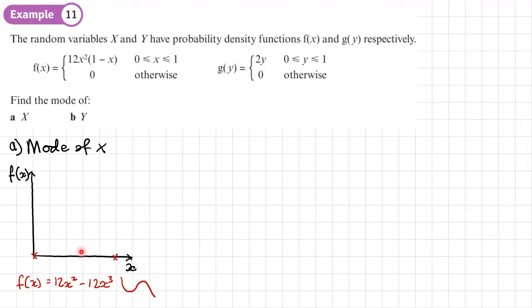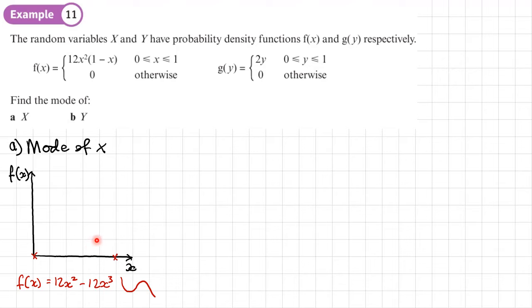Okay, so what I've done to help me sketch this is I've used the table function on my calculator. I've put in this as the function, gone from a start of 0 to a finish of 1, and gone up in 0.1s. Scrolling through the values, I can see that the largest value I get from the table is at 0.7.